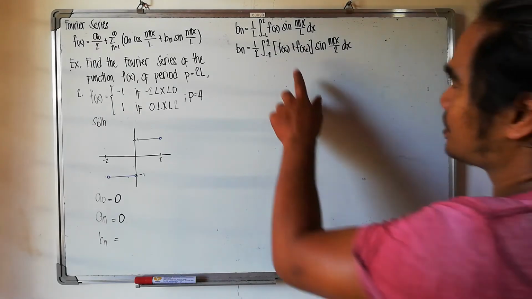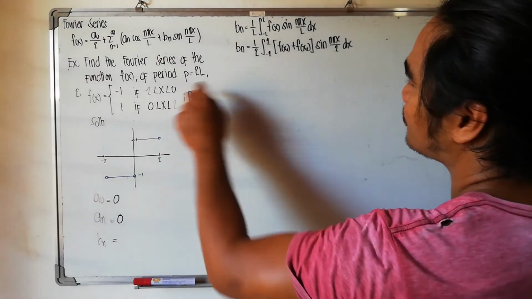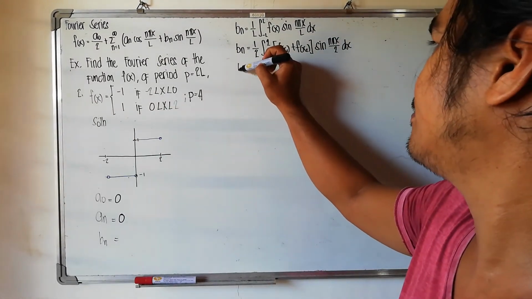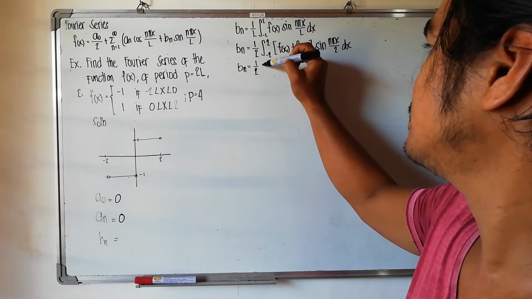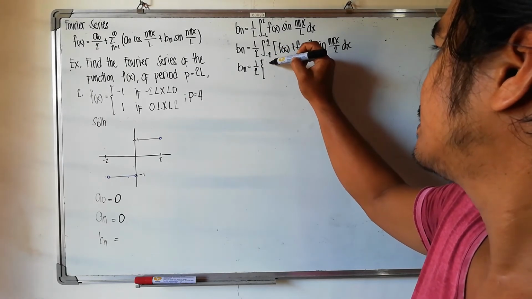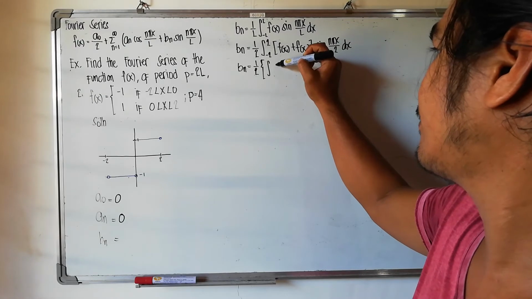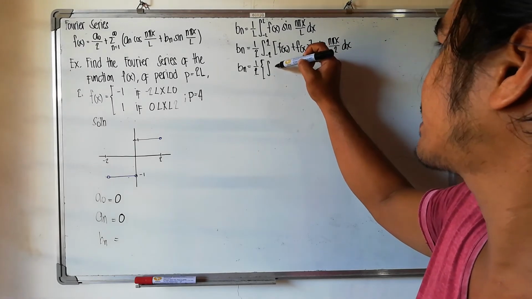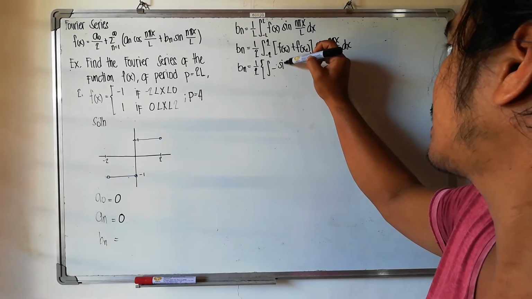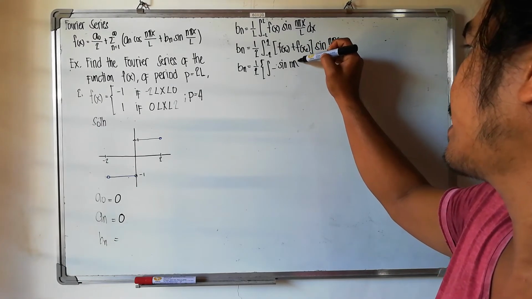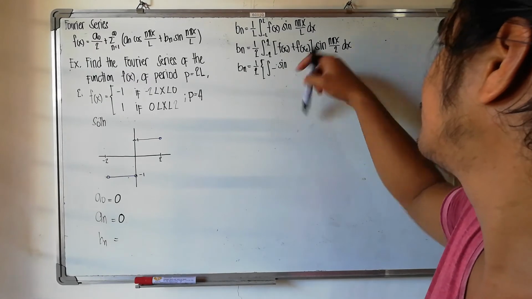So for your x sub 1, you have the limits of negative 2 to 0. So your b sub n is equal to 1/2 times the integral of your f of x sub 1, so that will be negative 1 times sine, so it's negative sine n pi x over 2.